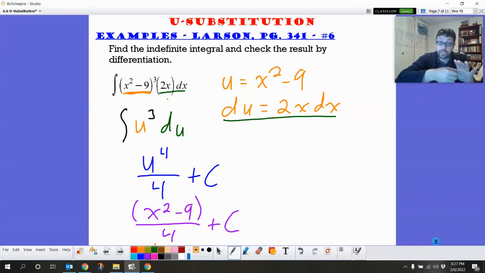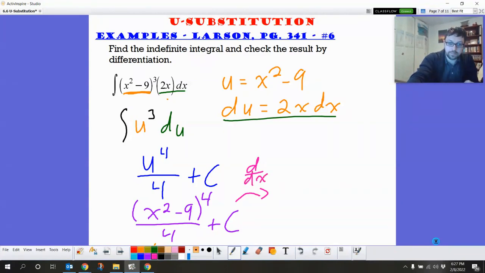It does ask us to check by finding the derivative. So if we did the derivative of this purple thing, if we did d over dx, we would drop that 4 in front. So we'd have 4 times x squared minus 9 cubed over 4.